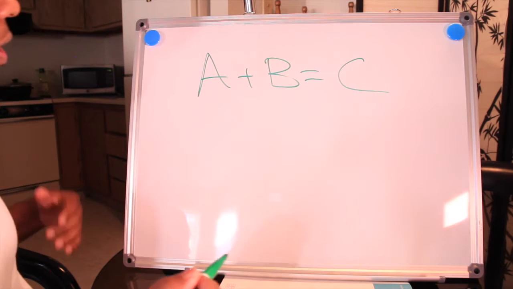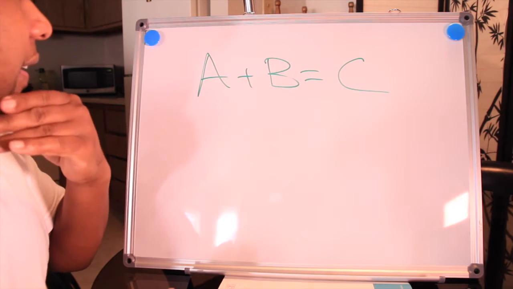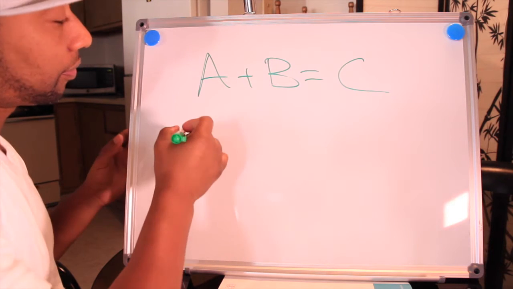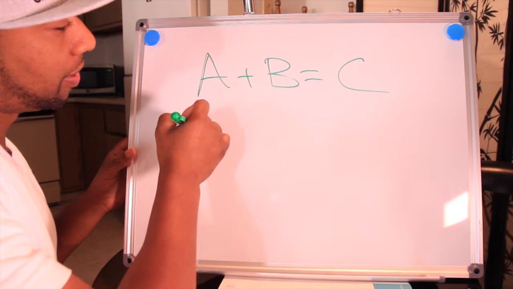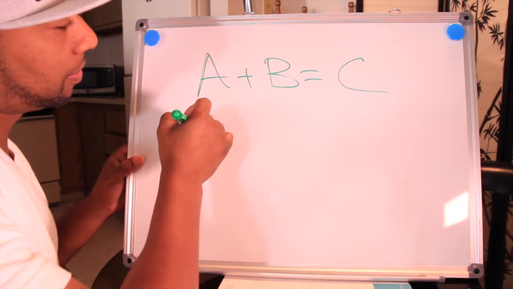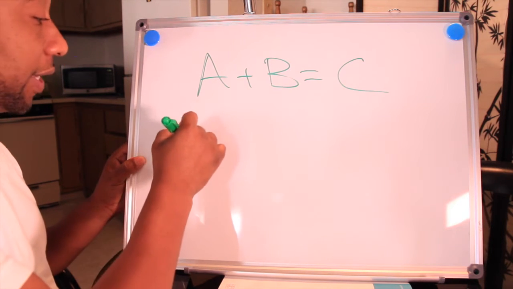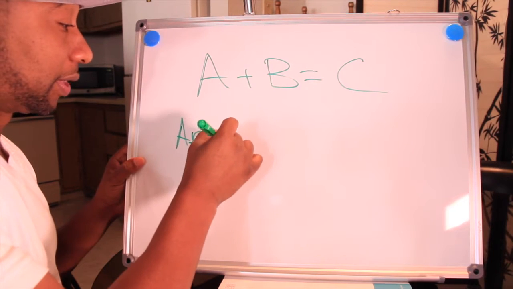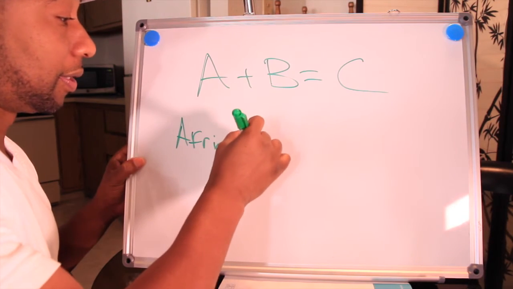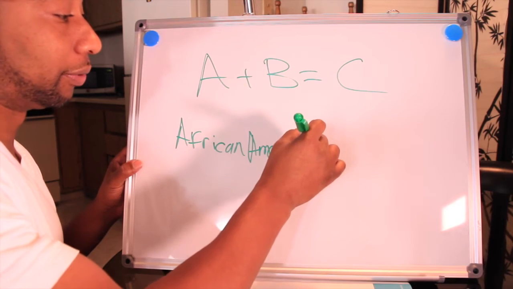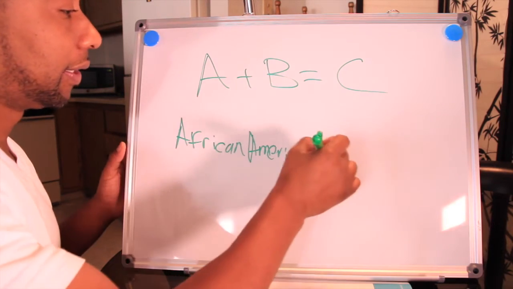But we'll say that A is African Americans. I'm just coming up with something, whatever African American actually means, because I don't even know what that title really stands for. Whatever, right?